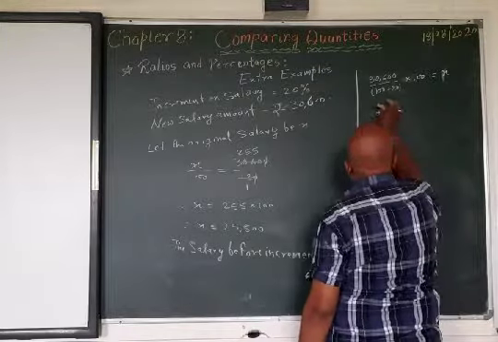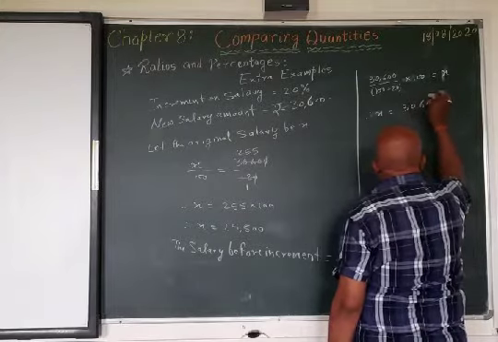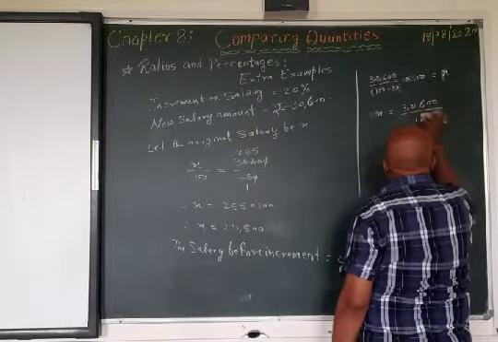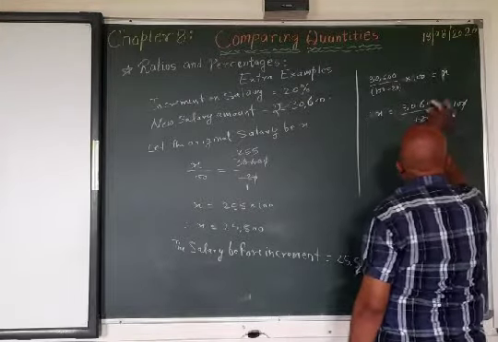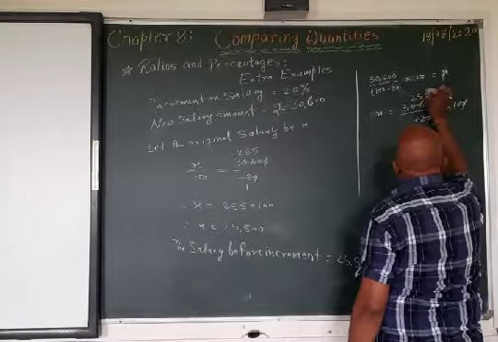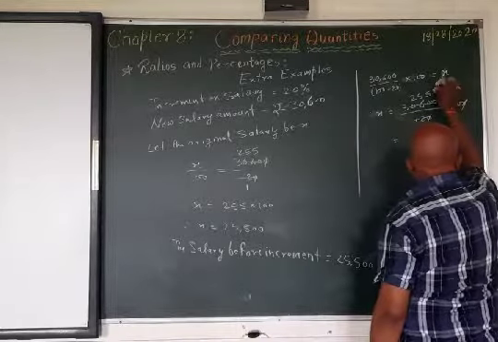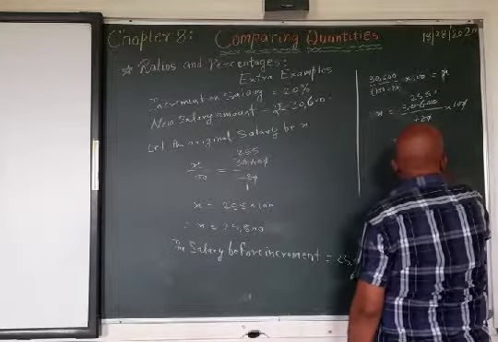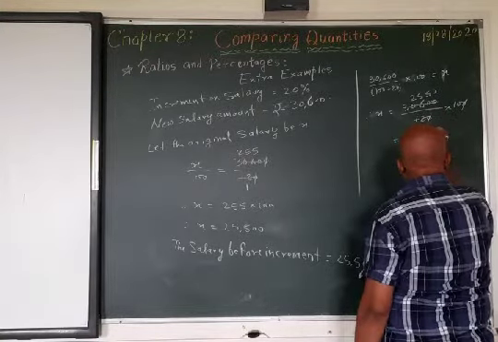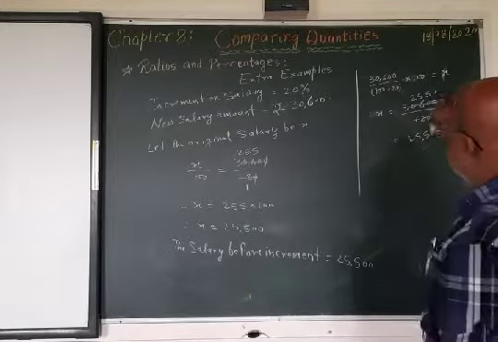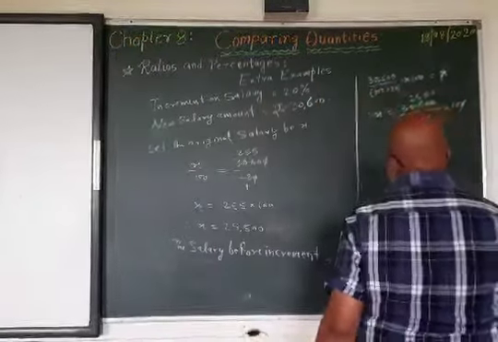Therefore, x will be equal to 30600 upon 120 multiplied by 100. So here what we get, 25500. Isn't it straight? This is the shortcut. So this is the way how we can find out very easily.